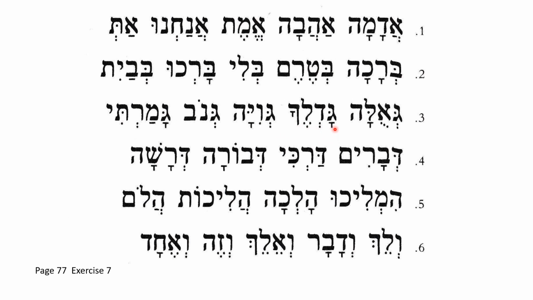And so we have 3 syllables, 3 vowels. Ge, vi, ya, gevia. Ge, nov, genov. Ga, mar, ti, gamarti.